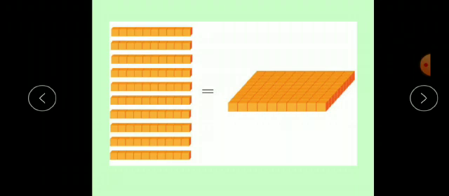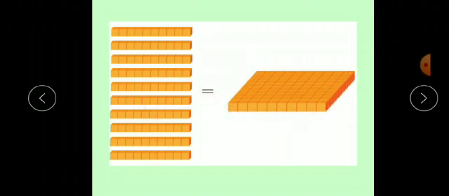See the next one. Now here this is 1 ten. 2 tens, 3 tens, 4 tens, 5 tens, 6 tens, 7 tens, 8 tens, 9 tens and 10 tens. Now these 10 tens are equal to 100.